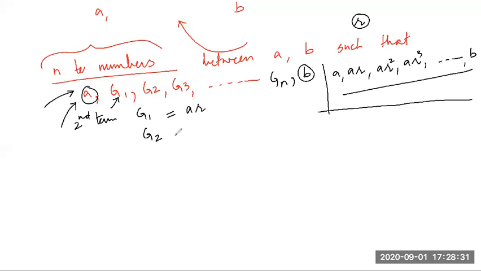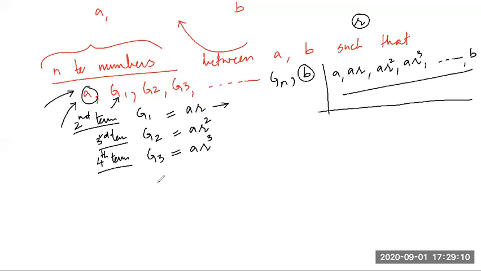G2 is equal to AR square. G1 is the second term, G2 is the third term, G3 similarly is my fourth term. So this is equal to AR cube.